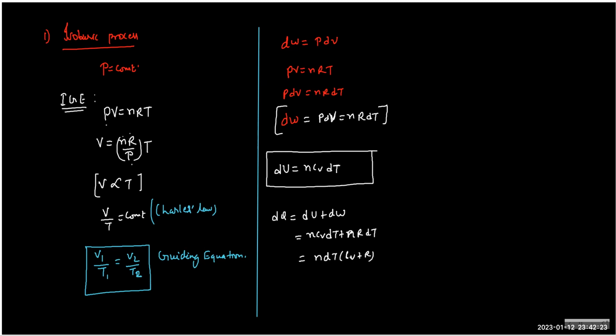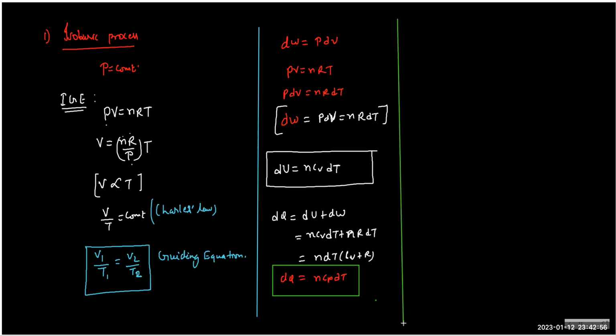So I could have written that directly, but anyway, I just wanted to show you that you can always choose the summation method because that's generally easy to solve. Directly finding dQ is a challenging task. I'll tell you when to solve directly. But anyway, the answer comes n Cp dT, which you could have written directly also because the process is very well defined, known to us. We could have used that relation directly. So is this clear to all of you? So three steps are done, the dU, dW, dQ.